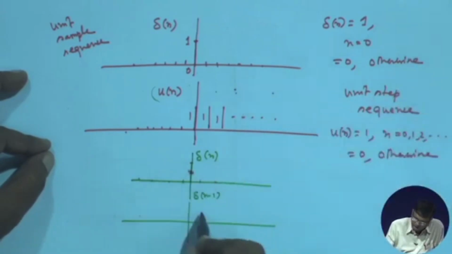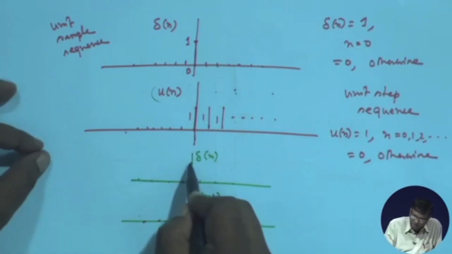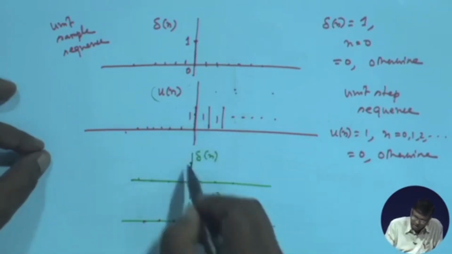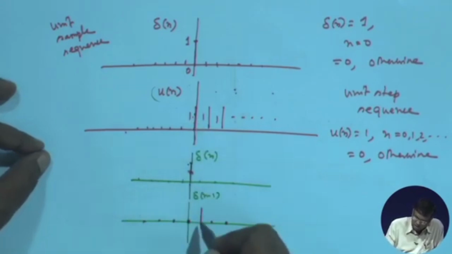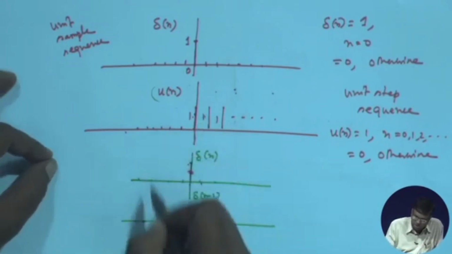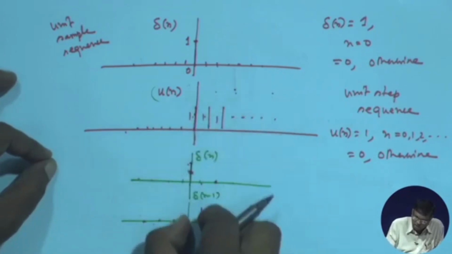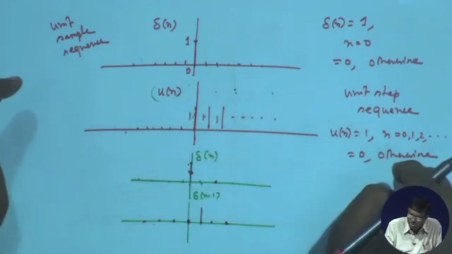So, this one will come here and then zeros as before. If I add these two, I will get 1 coming here, 1 plus 0, 1, and all other points 0 plus 0, 0. So, I will get 1 and 1, and other parts will be 0.